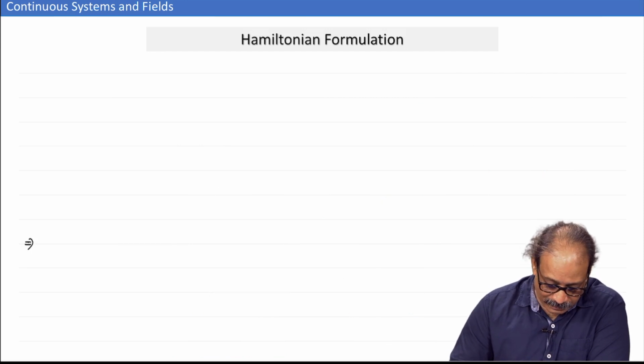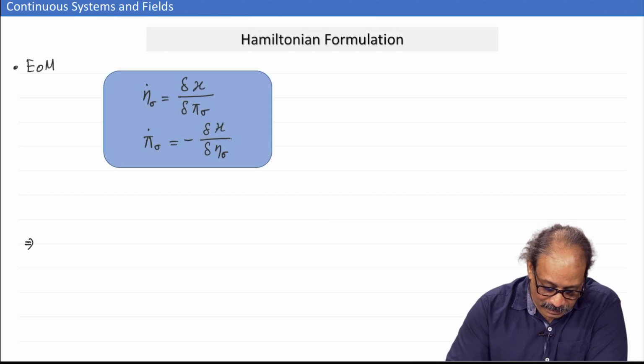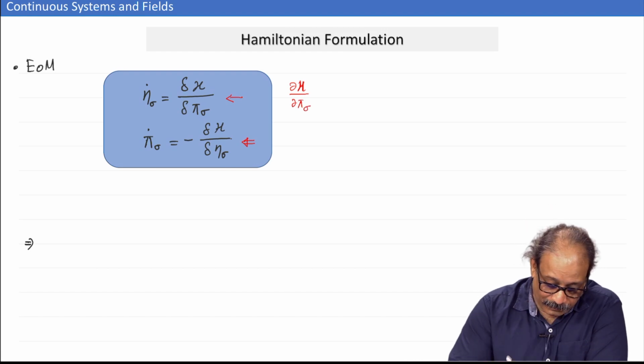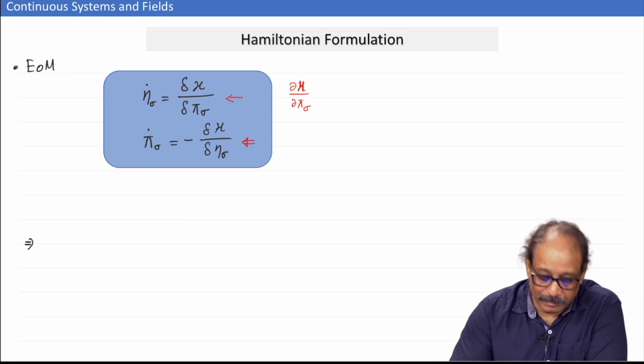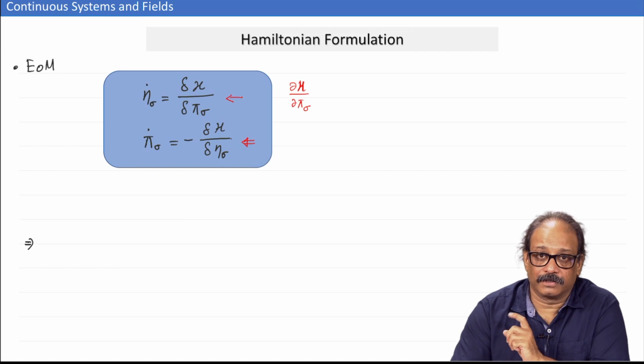So, I will write the equations of motion together. Remember the first equation. So, this is the equation we just now derived. The first equation was in fact in the form of partial of Hamiltonian density with respect to pi sigma. Okay. And when will it become this? Because remember, your Hamiltonian is a function of which quantities?